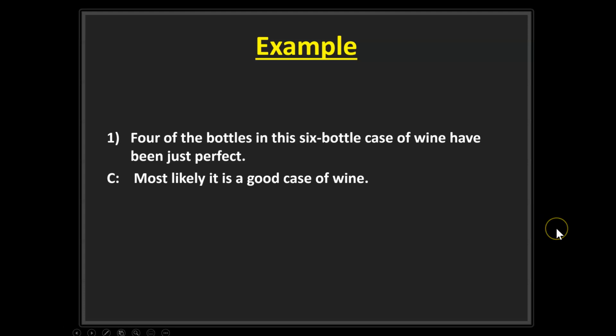Four of the bottles in this 6-bottle case of wine have been just perfect, so most likely it's a good case of wine. If this were true, would that follow? And if so, then what about cogency?